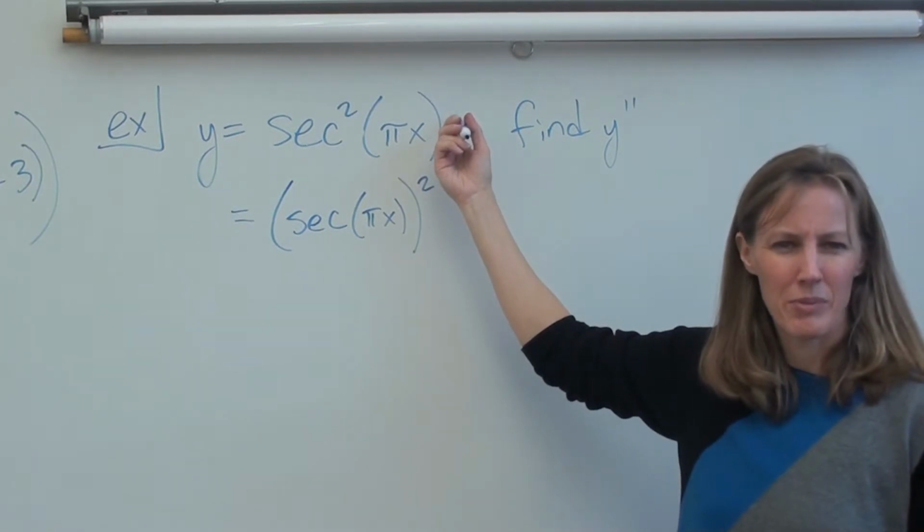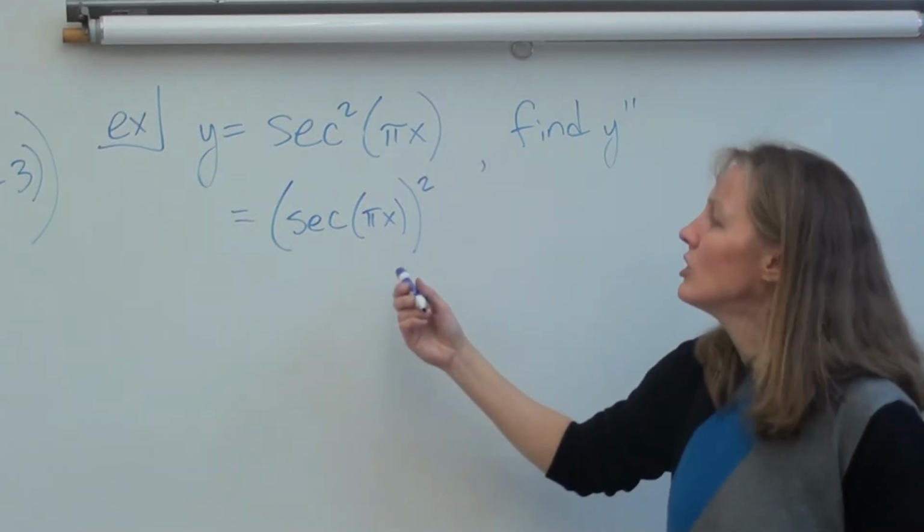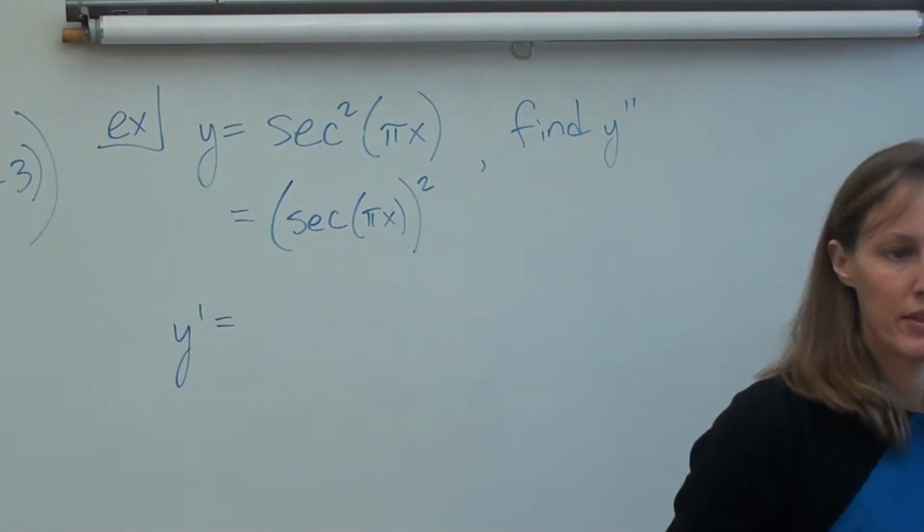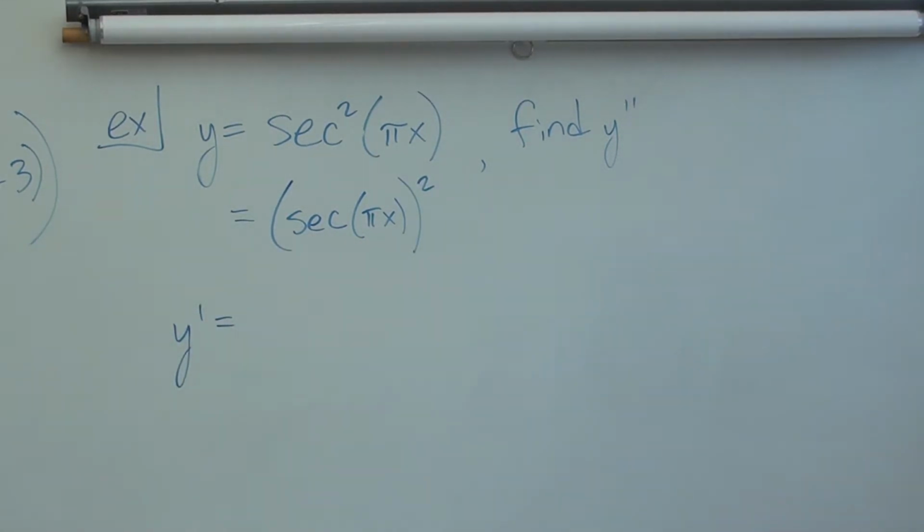Okay, do you understand what I'm saying? Yes, some. Okay. All right. So all I want you guys to do right now in your groups is find y prime. Just y prime. Then we're going to stop.